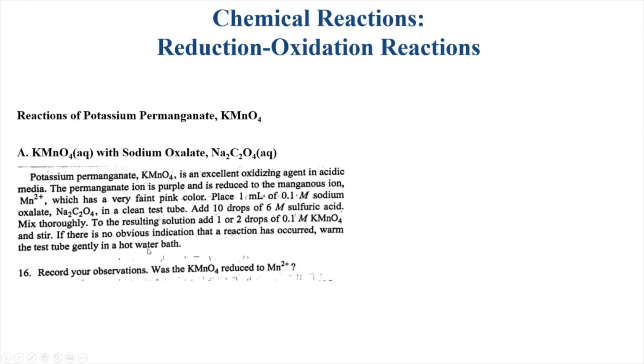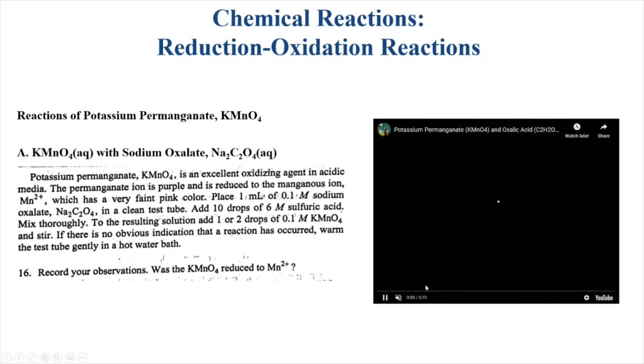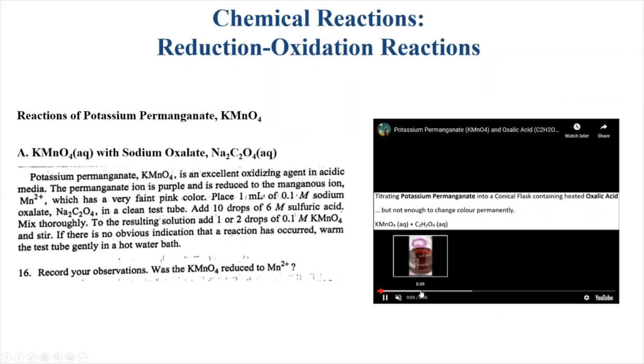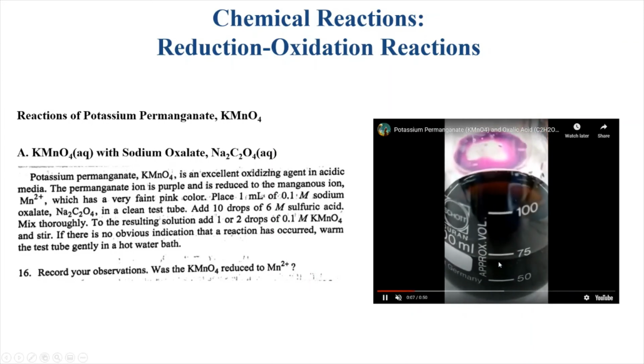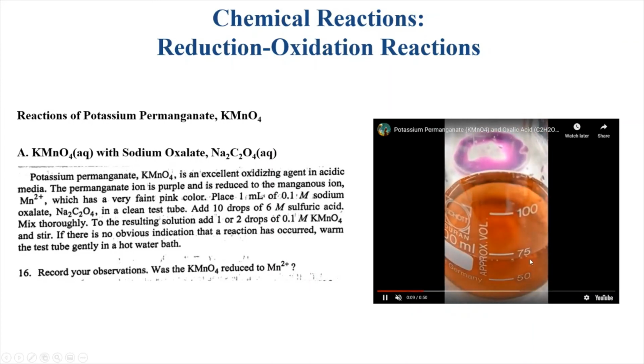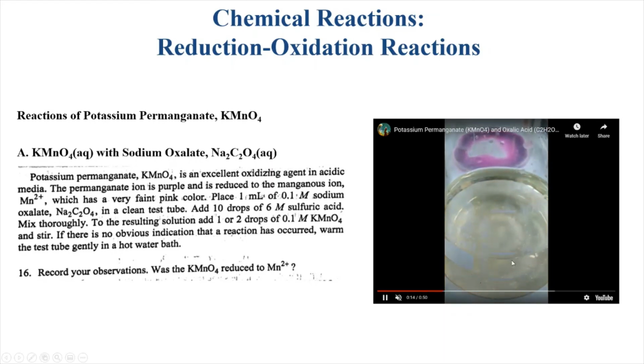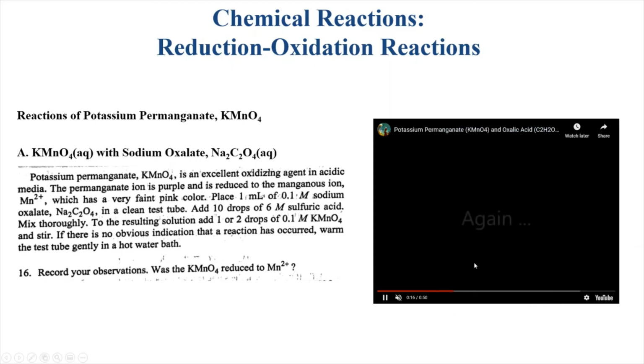And actually, if you look very carefully, this is kind of important for your observations. If you look at the very side here, you can start to see little teeny tiny bubbles start to form. So there is a gas that is produced from this reaction.